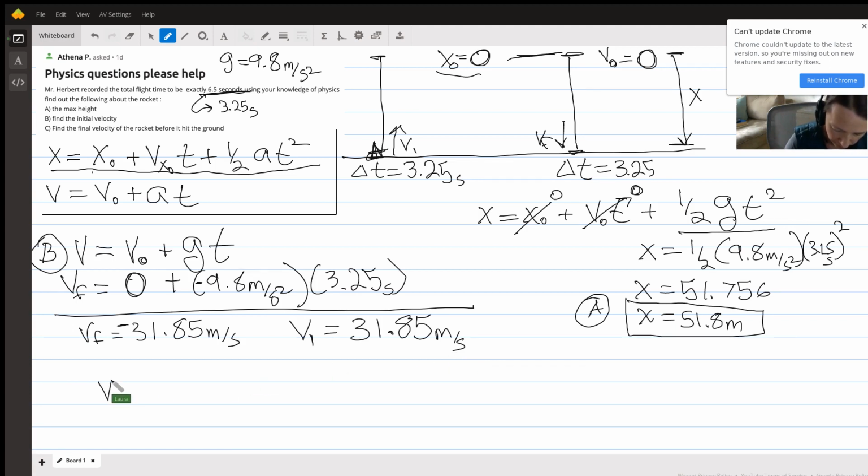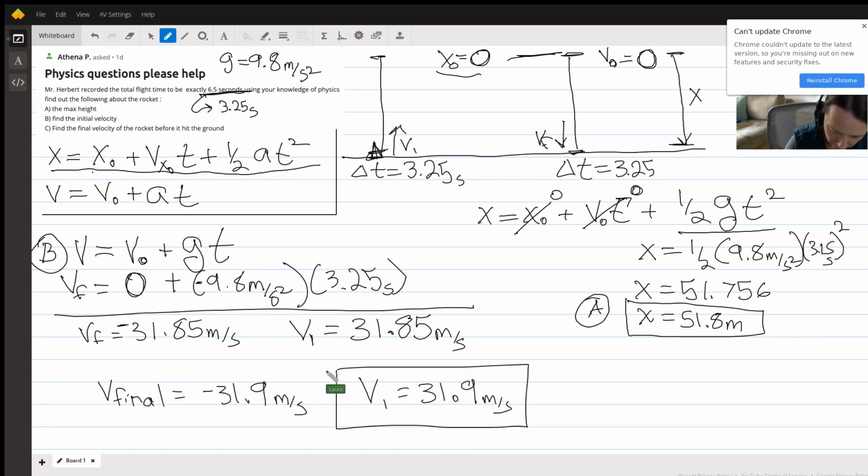So V final is negative 31.8 rounded. Don't forget your units. And V initial would be 31.9 meters per second.